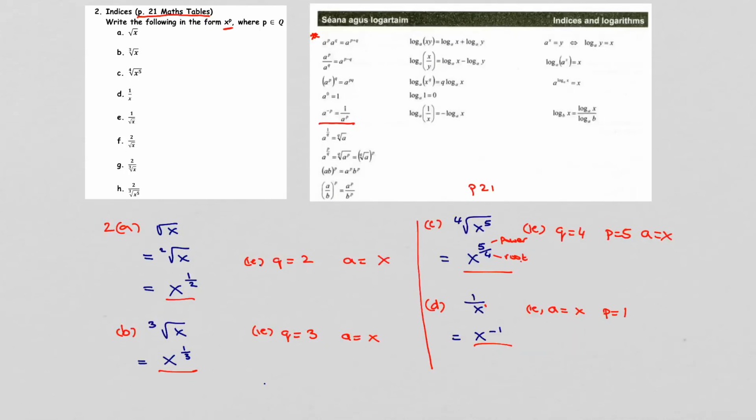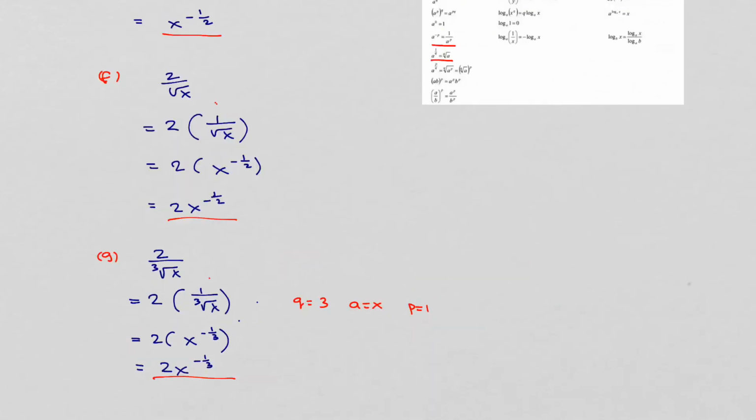Okay, and the last one then, the ultimate one, is h. So it's 2 over the cube root of x to the power of 5. So I'll just do it here on the right hand side. So we have 2 over the cube root of x to the power of 5. So again, that's the same as saying 2 times 1 over the cube root of x to the power of 5. So again, what's a? Well, a is x. What's the power? The power is 5.